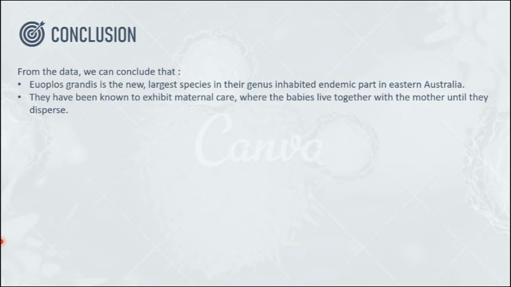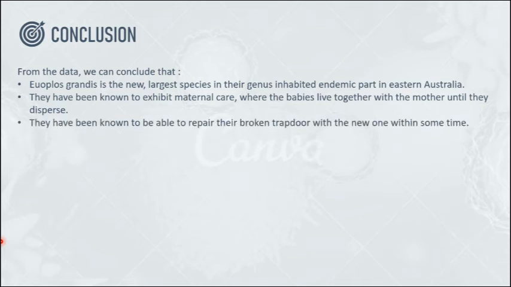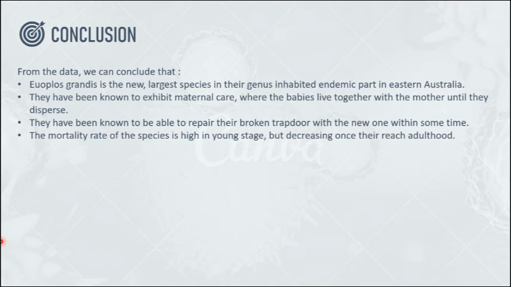And third, they are able to repair a broken trapdoor with a new one within some time. The mortality rate of this species is high in the young stage, but decreases once they reach adulthood. In general, Euoplos grandis reaches maturity in 5 to 8 years in the wild.